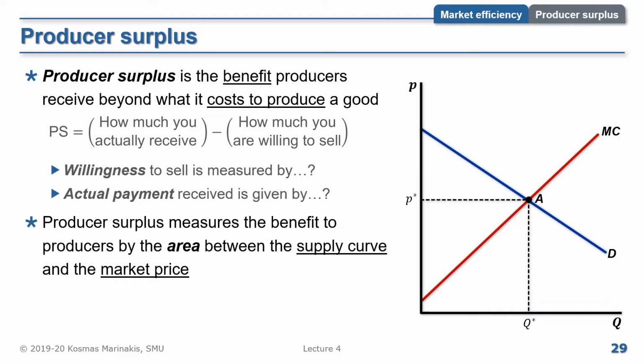The willingness to sell is given by MC. So this area between P star and MC for the quantity from 0 to Q star will be your producer surplus, that is here the area with the blue color. So producer surplus is the area between the price and the supply curve, or the marginal cost curve, which here serves as the supply curve.